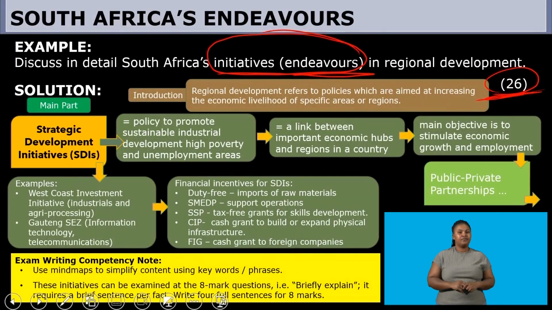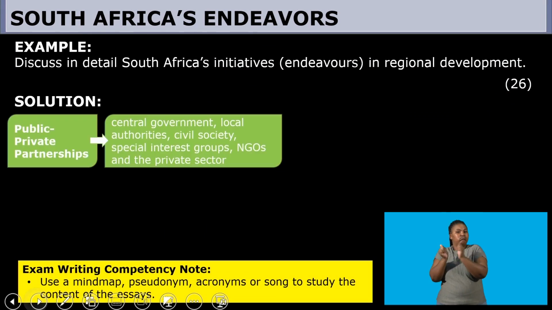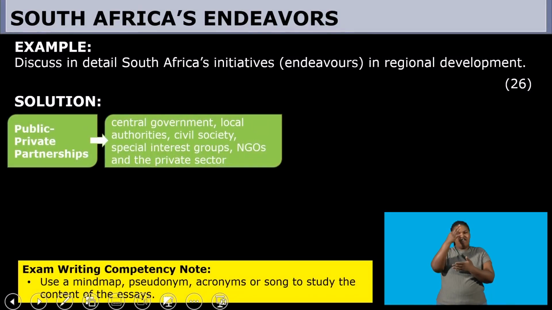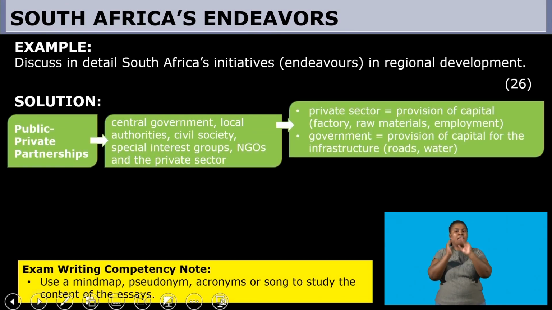Then we also have public-private partnerships. This encompasses the relationship between the government and the private sector. So it will involve the central government, local authorities, the civil society, special interest groups, NGOs, and the private sector itself.